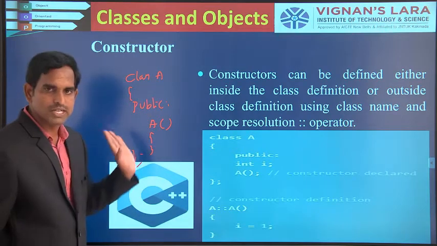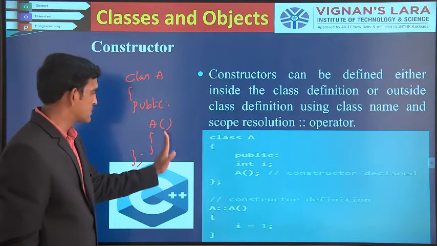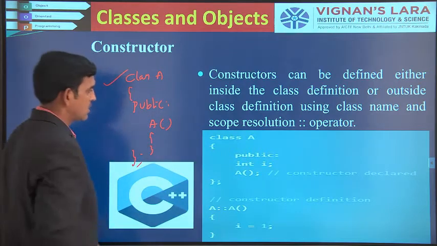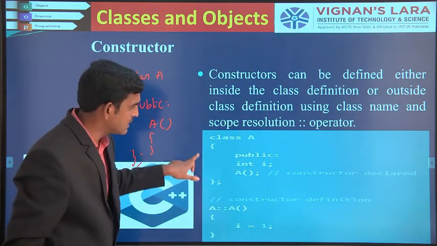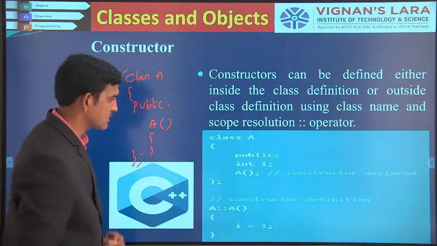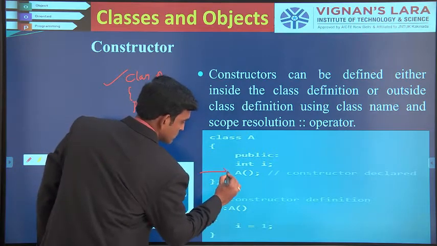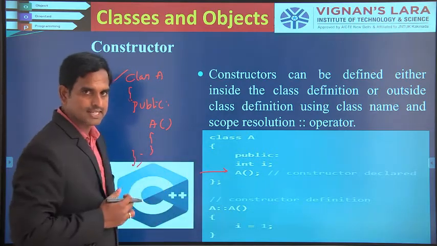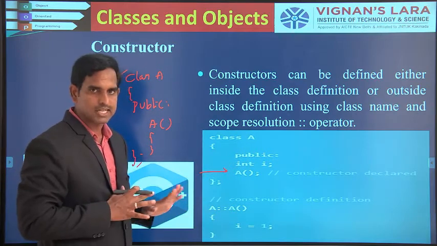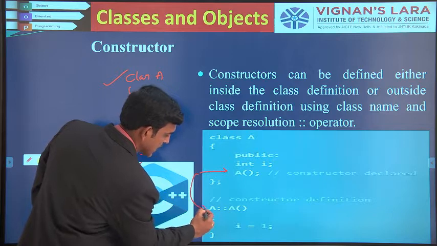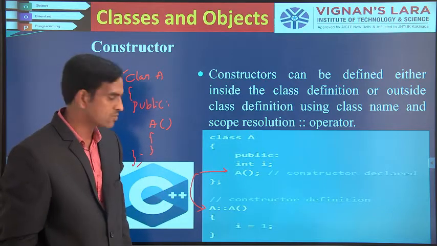This is the inside declaration. Or you can define your constructor outside the class. To do that, first you have to declare the constructor, that is, tell that there is a constructor here, and then define it outside the class by using the scope resolution operator.